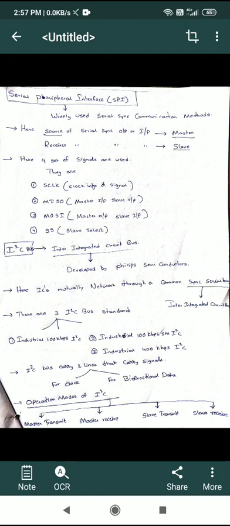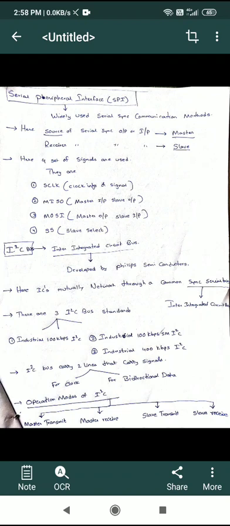In SPI we have four signals that are highly used. They are SCLK, which is the clock signal; second, MISO, master input slave output; third, MOSI, master output slave input; and last, SS, slave select.